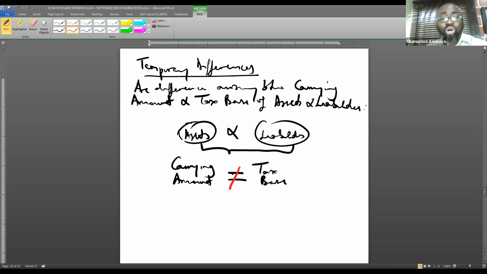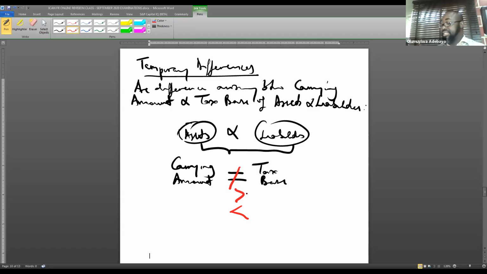Now, when they are equal, it does not give rise to temporary differences. There was no difference in the first case. But when they are not equal, it gives rise to differences. And the difference could either be carrying amount greater than the tax base or carrying amount lesser than the tax base. Temporary difference arose only where the carrying amount and the tax base of an asset or a liability are not the same.